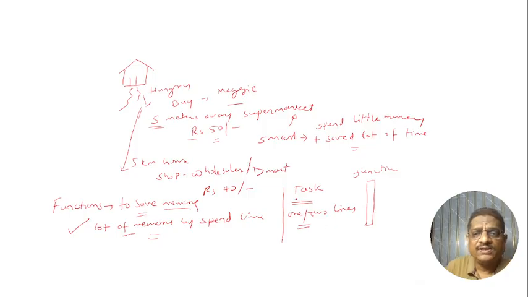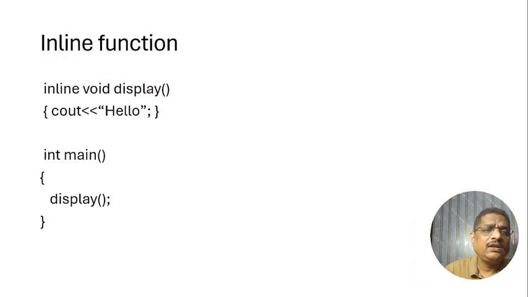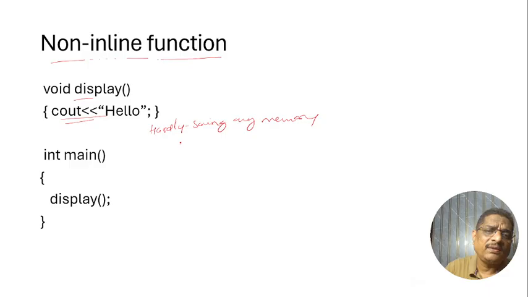If the task is very small, you should not define a normal function. In this slide, this is our non-inline function, the non-inline void display. This is hardly one line of code. If I am using a function for it, hardly am I saving any memory, but I'm spending a good amount of time.